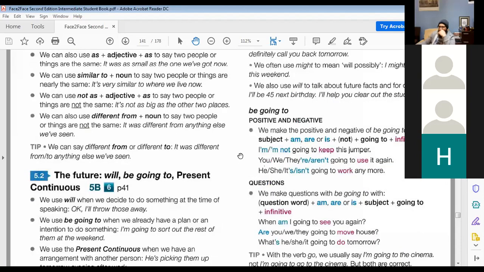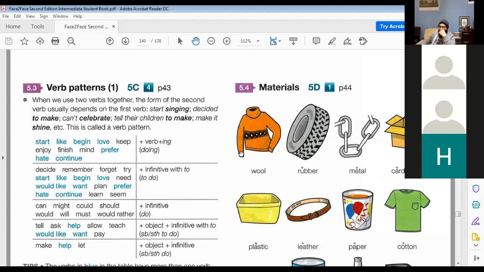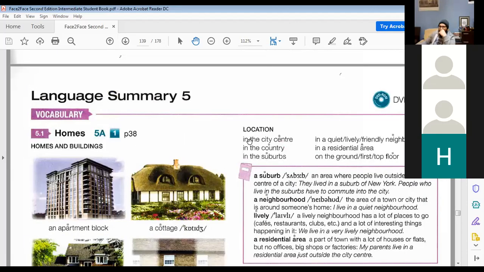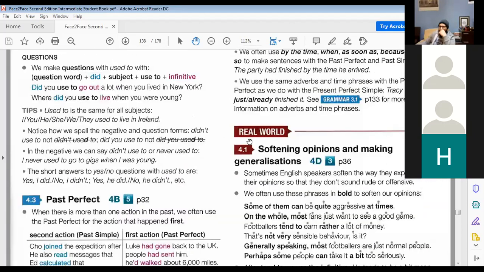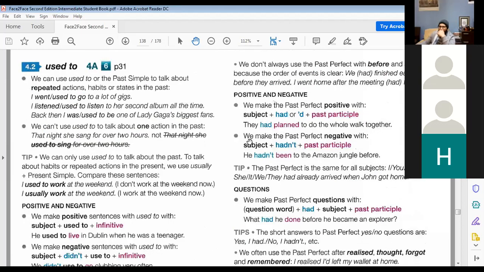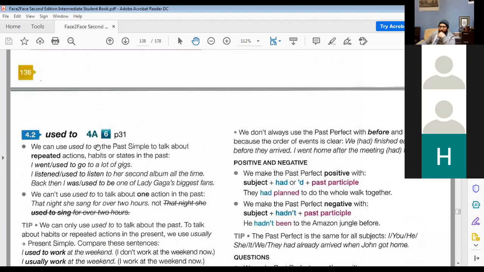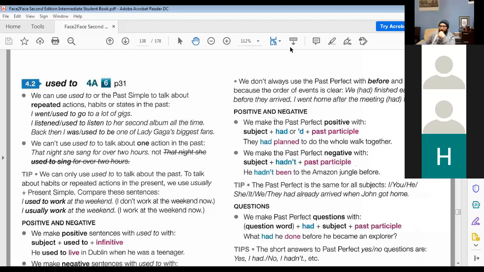No, 137. No, not here. Here's 137, I think. Here it is. Can you see it? Yeah. This is what I wanted to show you. So, can you see it?